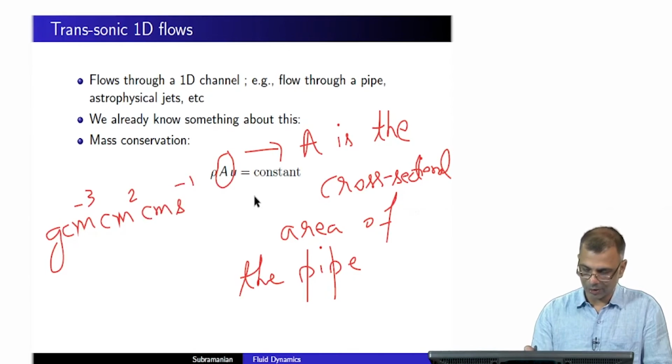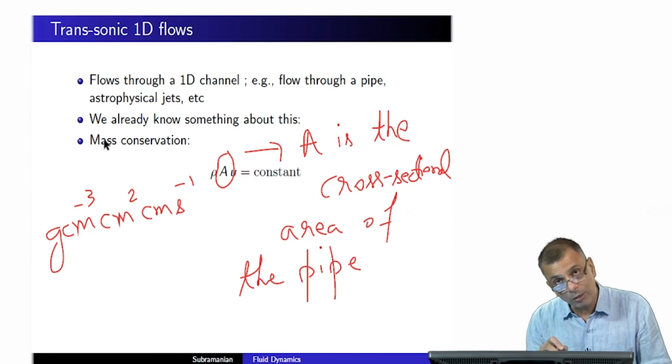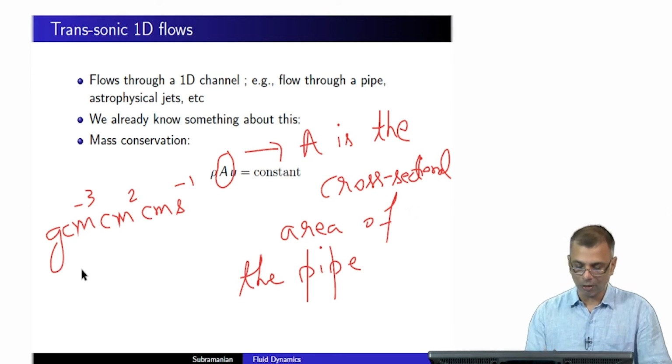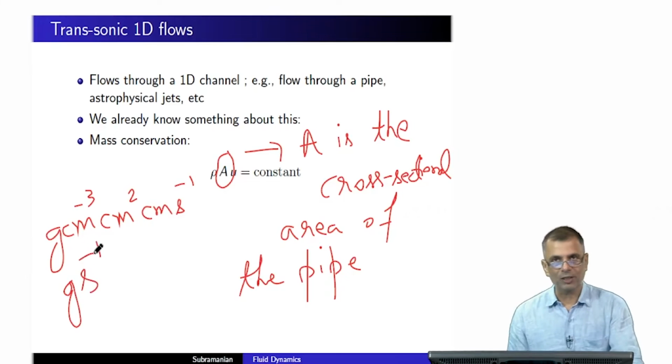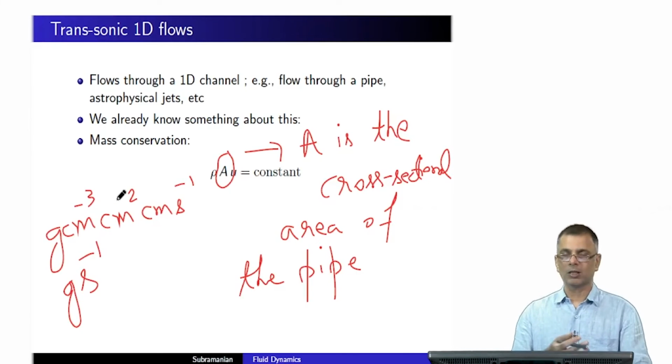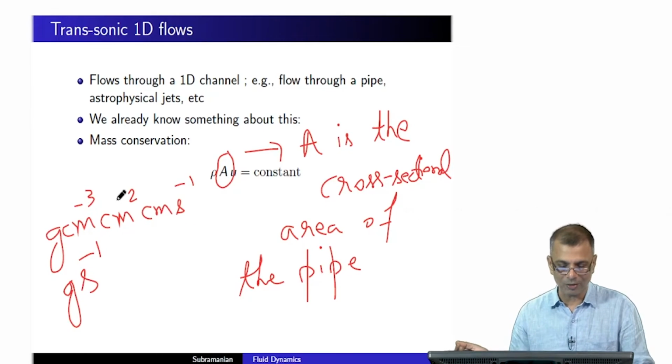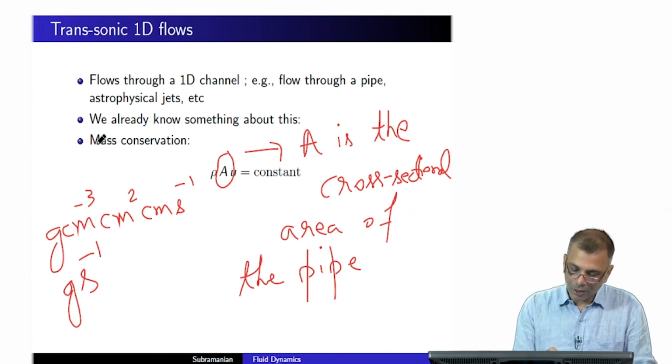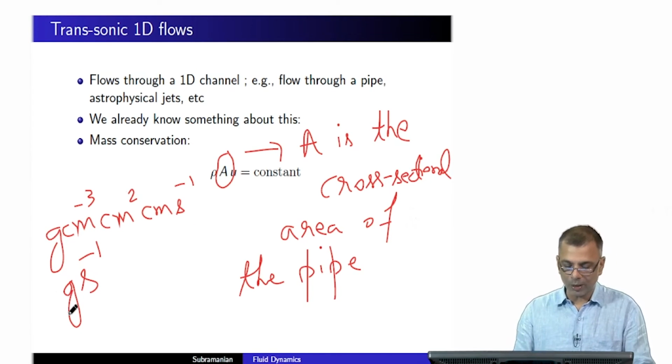So this is expressing not the conservation of mass flux, but the conservation of a quantity which is grams per second. We call both mass conservation. Earlier when we were talking about shocks, we called conservation of mass flux just mass conservation. In this case, we're still calling it mass conservation, but we are really conserving grams per second.